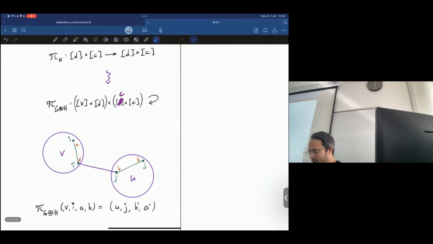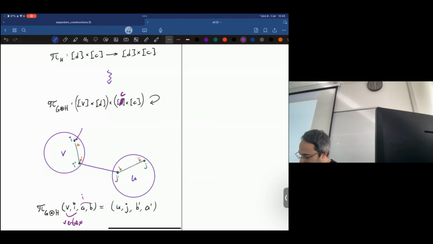Let's just make sure we understand it. So pi g of h gets a vertex, that's V and I, and it gets two instructions, A and B, two elements in the set 1 to C. This is the vertex, and this is the instructions, where to go.